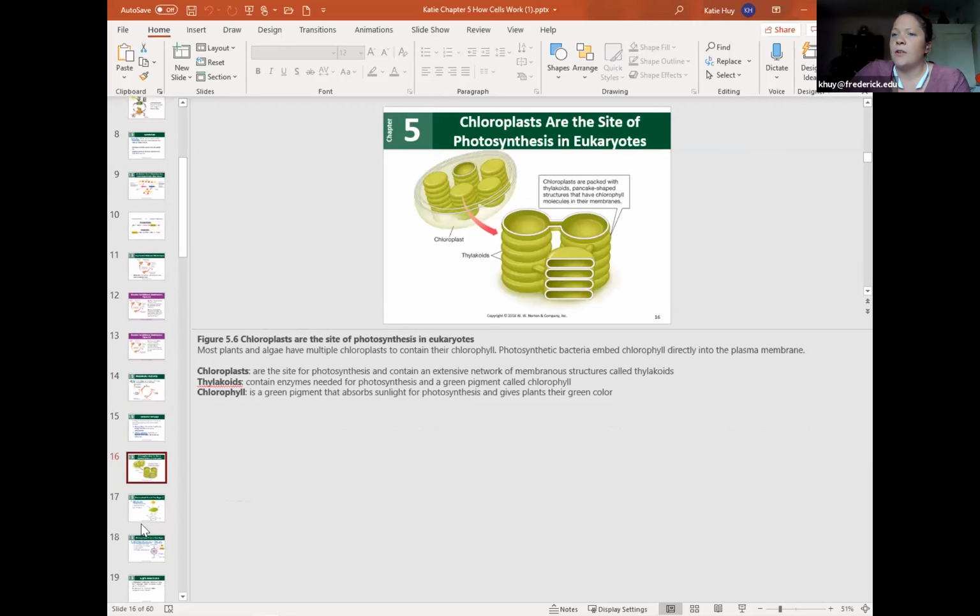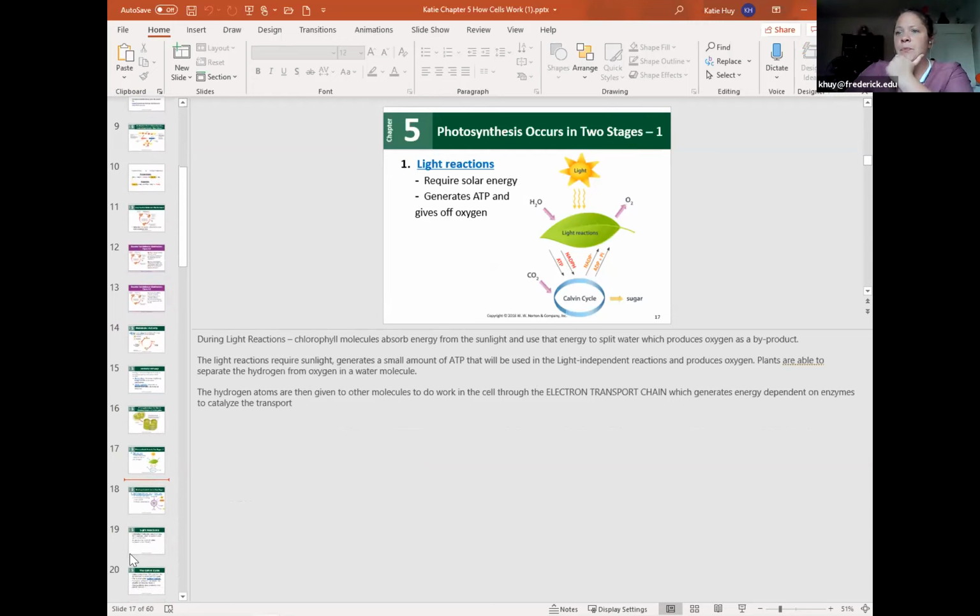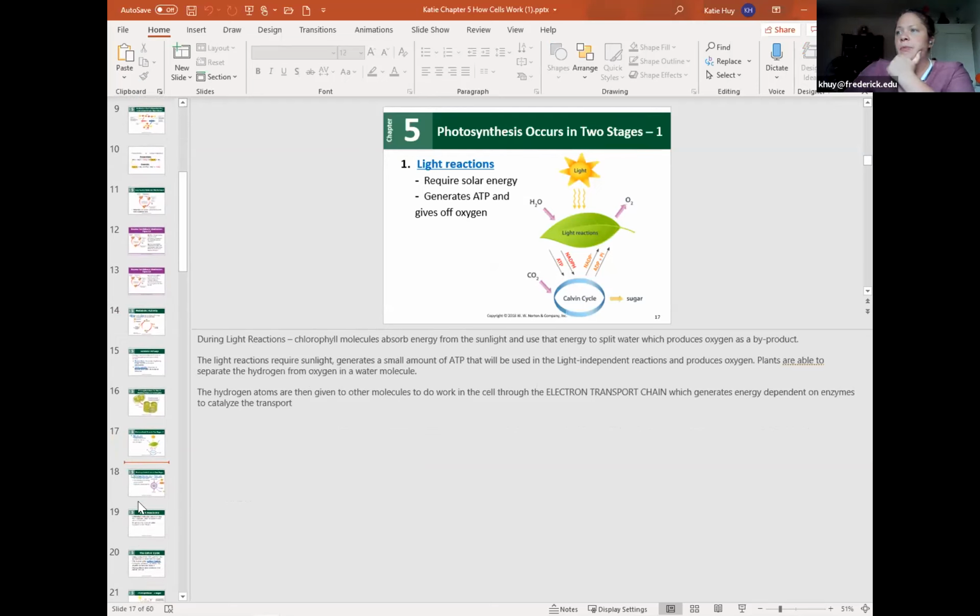So here we have our chloroplasts. All right, so our photosynthesis is happening in two stages. And this is where that ATP that we were just talking about becomes important, because it's coming from this light reaction. It's going to be going into the Calvin cycle.